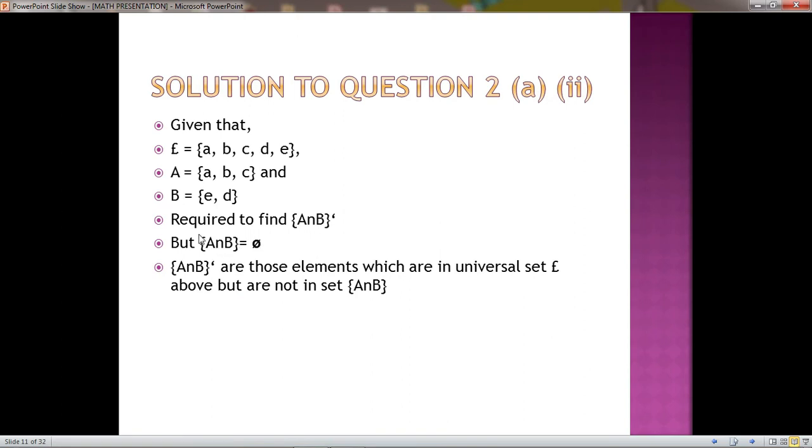The complement of this set is those elements not available in set A intersection B but available in the universal set E above. So A intersection B complement is A, B, C, D. That's the answer, because these values are not available in A intersection B but are available in the universal set.